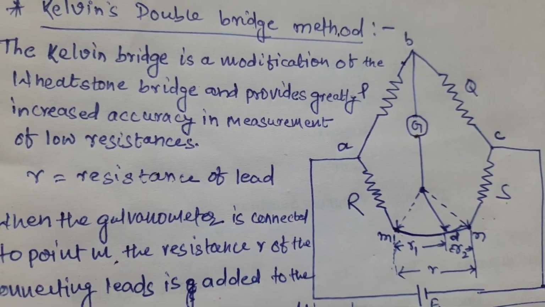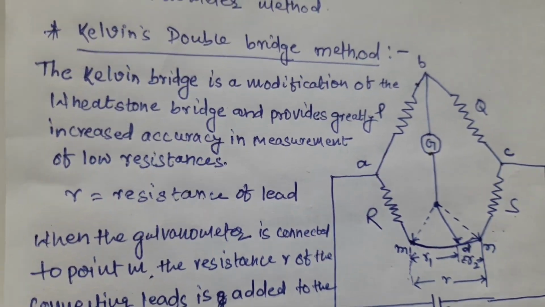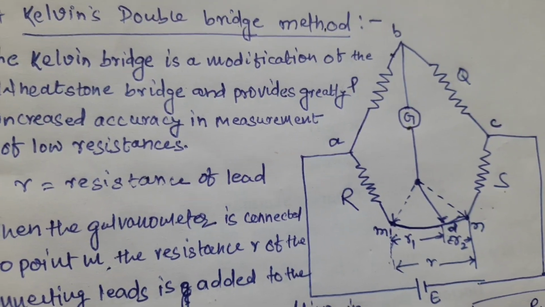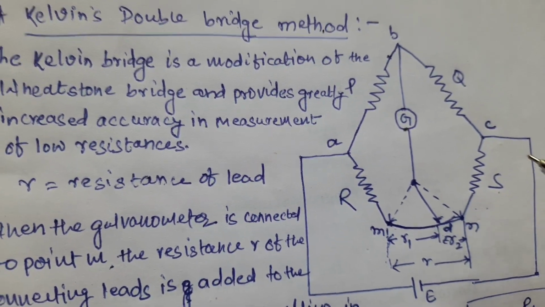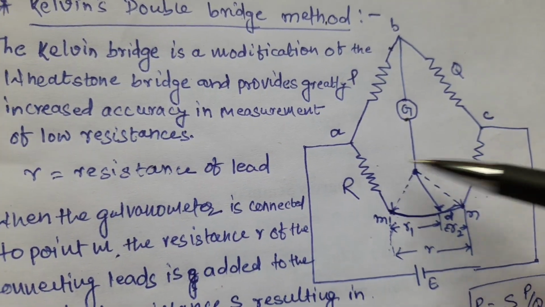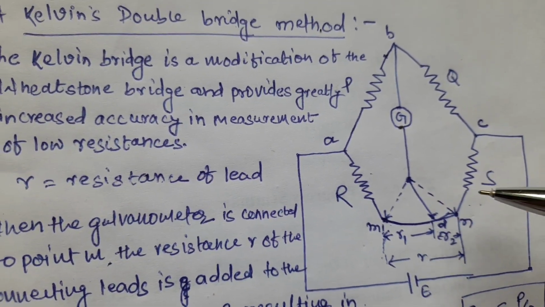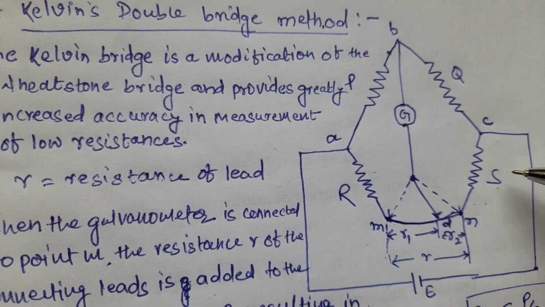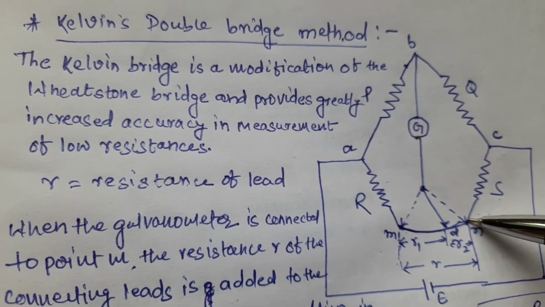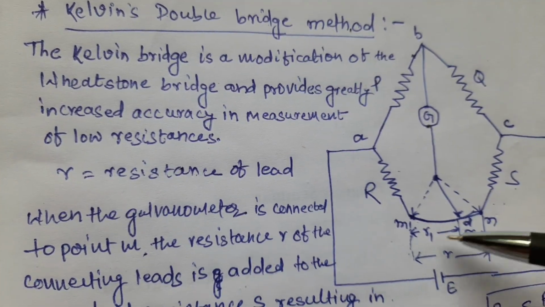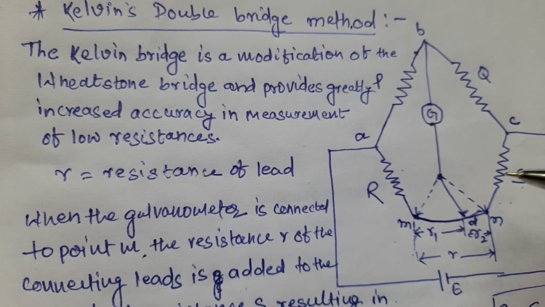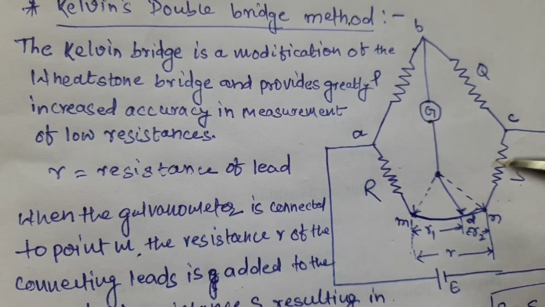in measurement. If you want to use a Wheatstone bridge for the measurement of low resistance, what problem do we face? Suppose we connect R and S, and connect the galvanometer's second terminal at point N. Suppose small r is the resistance of the wire.